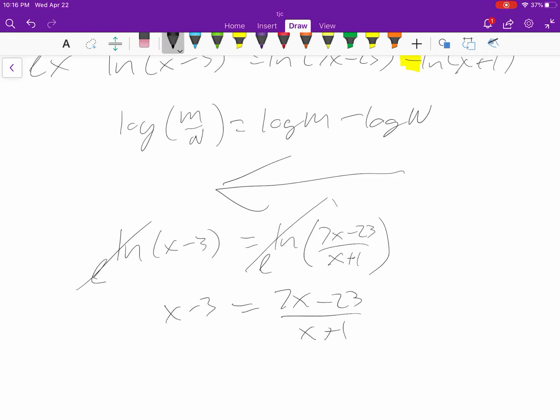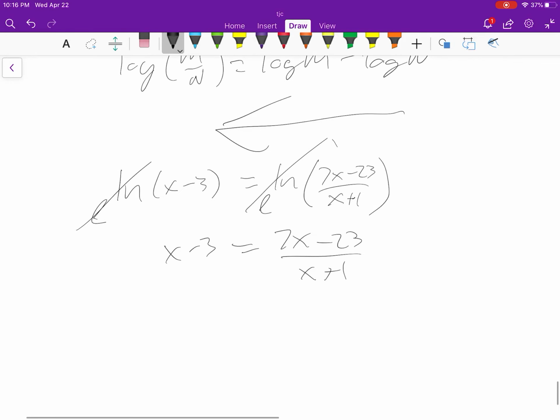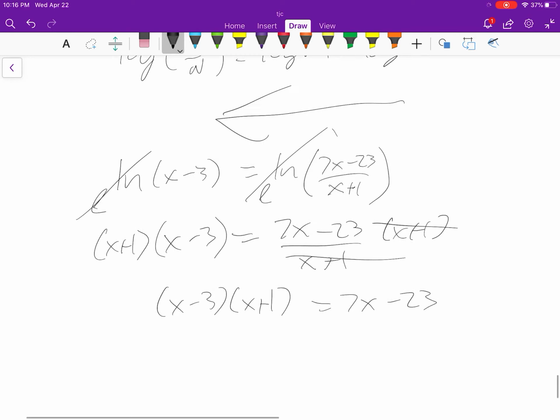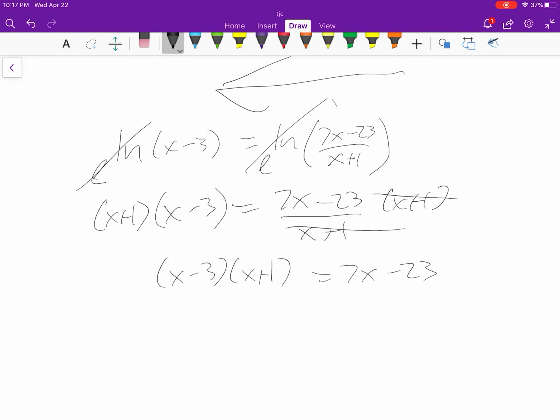Okay, so then to solve this, we're going to multiply both sides by x plus 1. So you have x minus 3 times x plus 1 equals 7x minus 23. The reason for that is we multiply both sides by x plus 1. Here they cancel. Okay, and we end up with the equation we have below. Now we're going to FOIL out the x minus 3 times x plus 1.